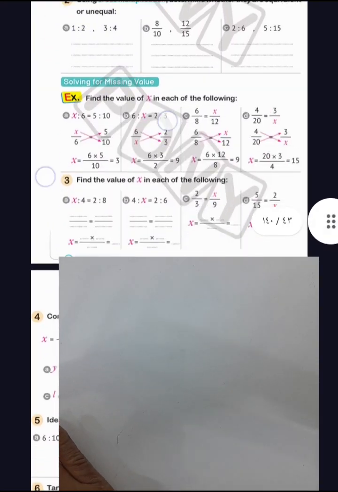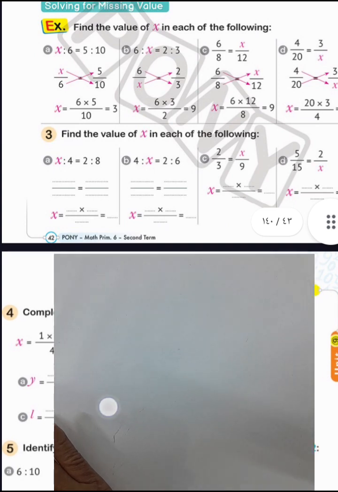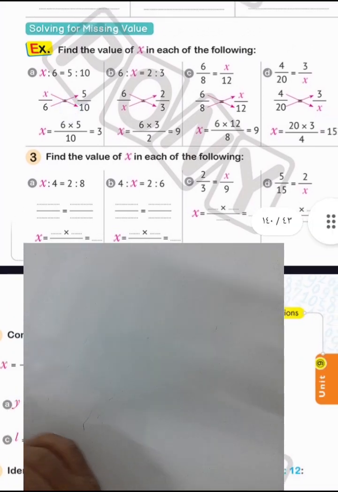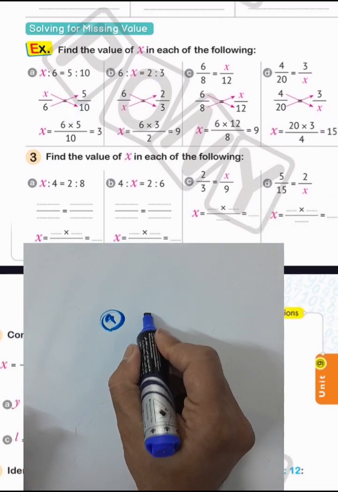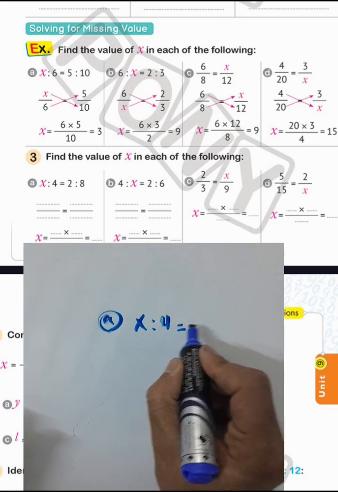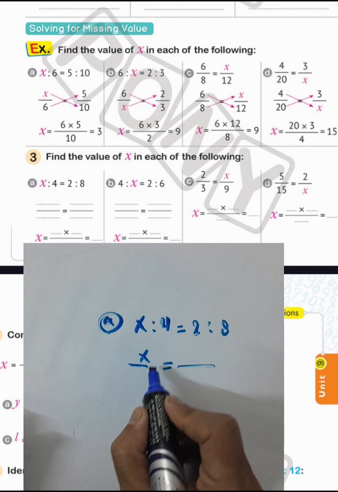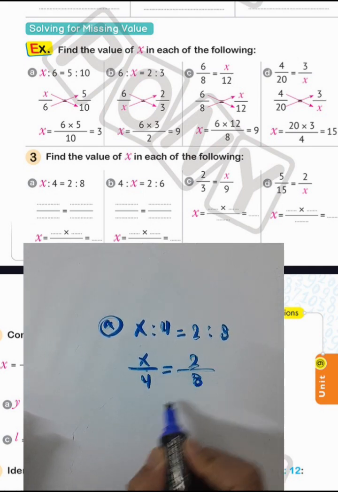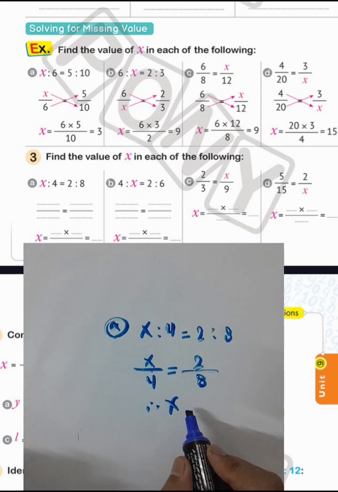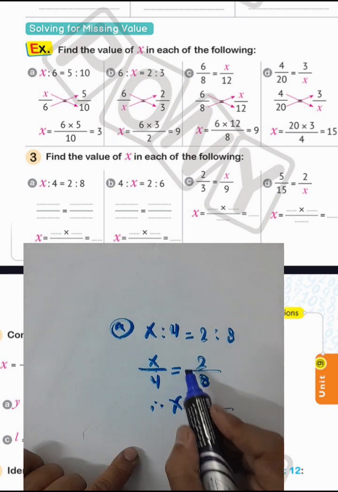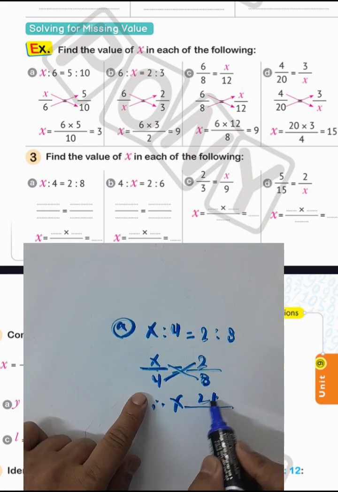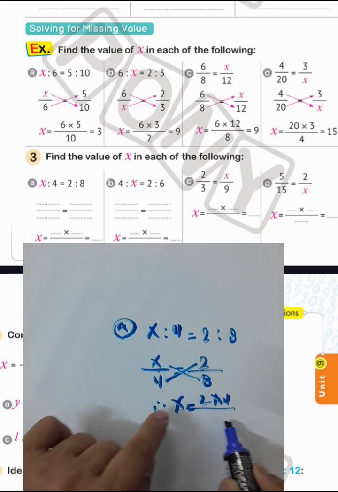Okay, now we will find the value of x in each of the following. Question letter A, we have x to 4 equal to 2 to 8. Then we can find the value of x. First, we can write x over 4 equals 2 over 8. And then using the product of extremes equals the product of means, x equals 2 times 4 over 8.